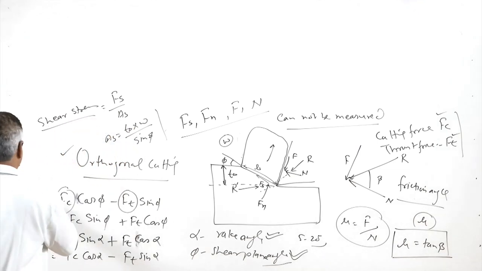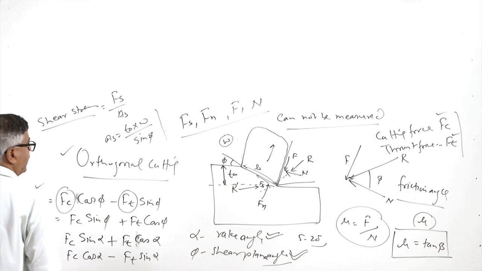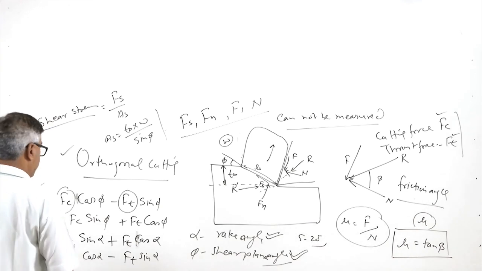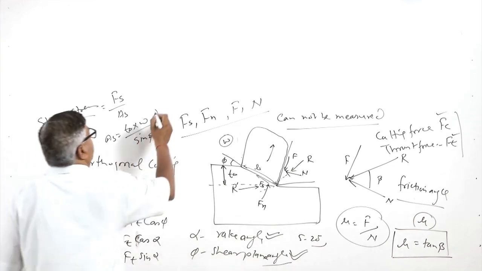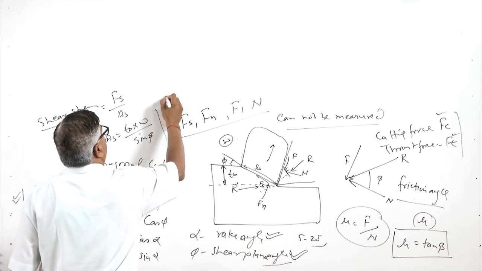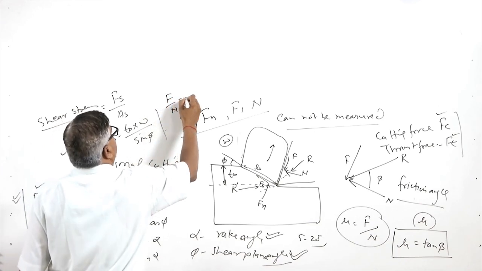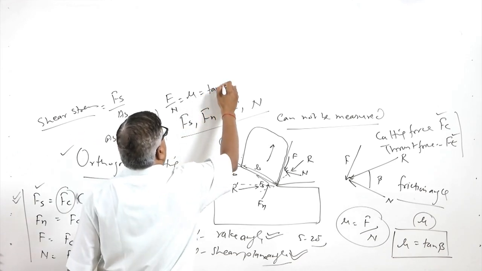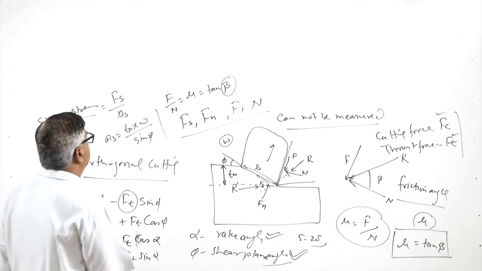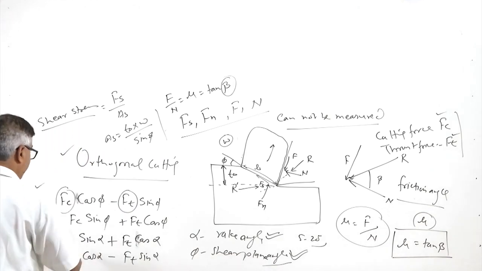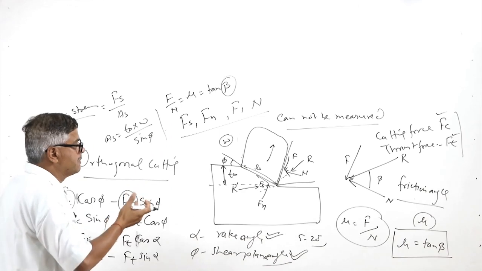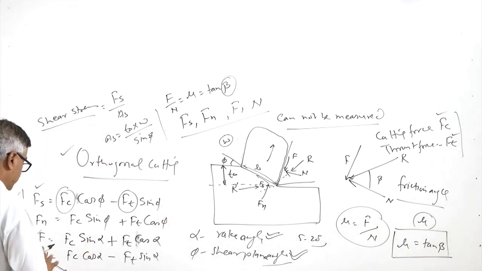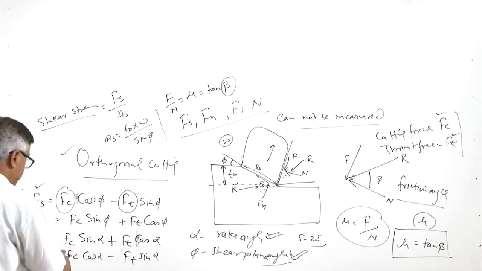Similarly, once we are aware of the friction force, then F divided by N will be giving us mu. So once we are aware of F and N, we can calculate mu, and using mu we can calculate the coefficient of friction or the friction angle.